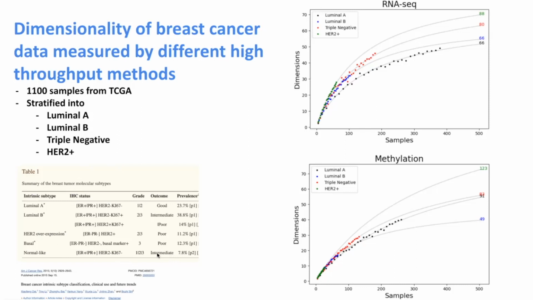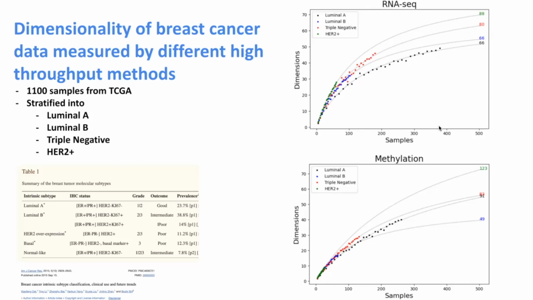And so if we look at the actual dimensionality within these different data sets, we can see that they have a different intrinsic dimensionality. So the luminal A subset in RNA-seq, for example, has the lowest intrinsic dimensionality.